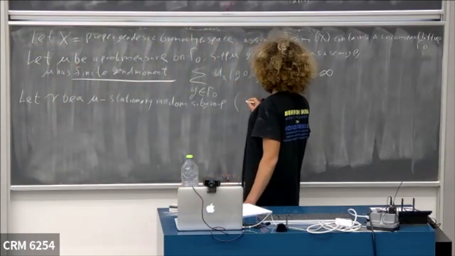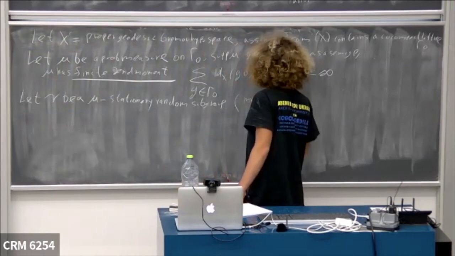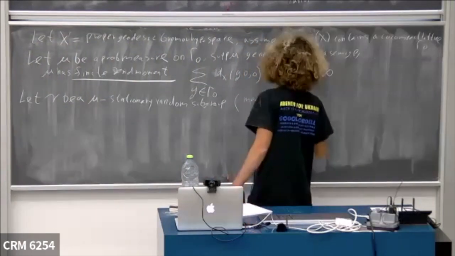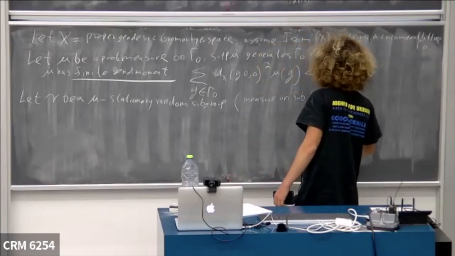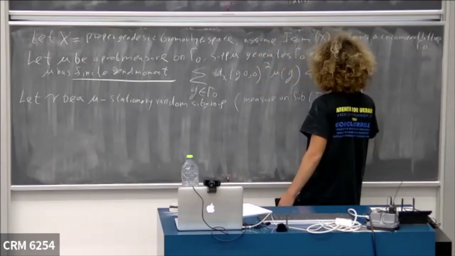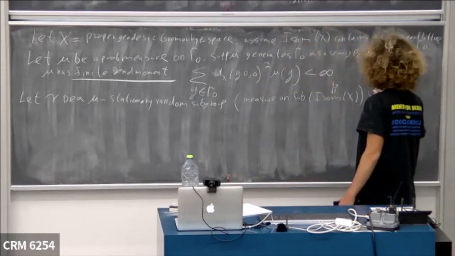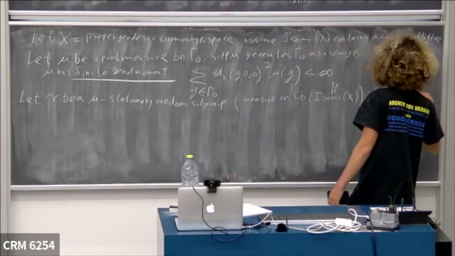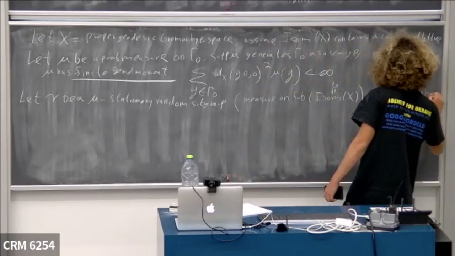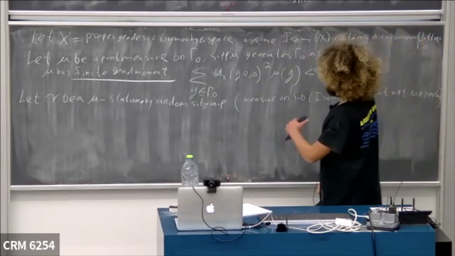It's a measure on the space of subgroups of Isom X, which I'm going to call Sub(Isom X), which is stationary with respect to the conjugation action, so the action of G on its subgroups by conjugation.